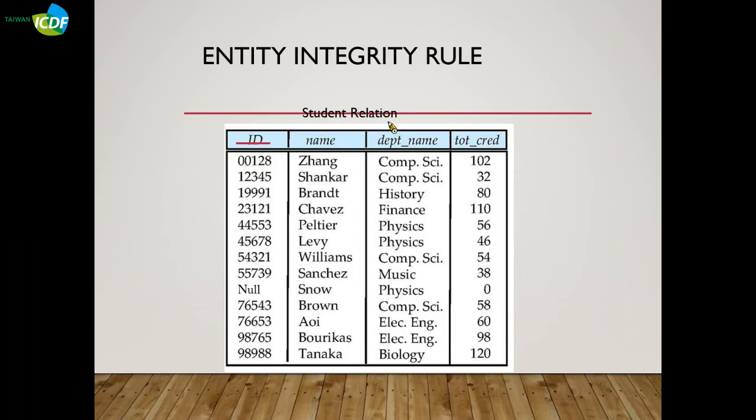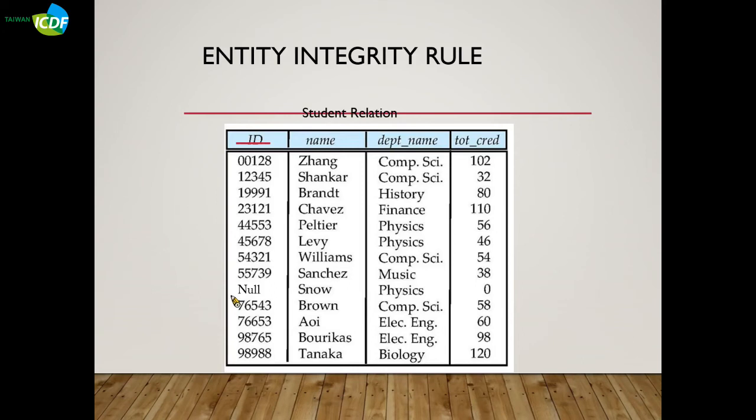In the students relation, each tuple means a student entity. And because the primary key is the ID attribute, each student entity has to possess an ID number. With these ID numbers, a specific student can be searched.